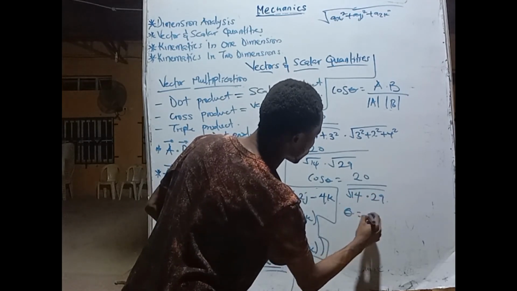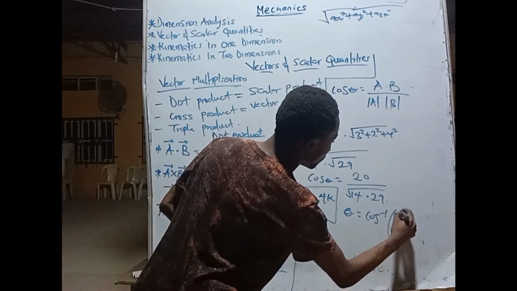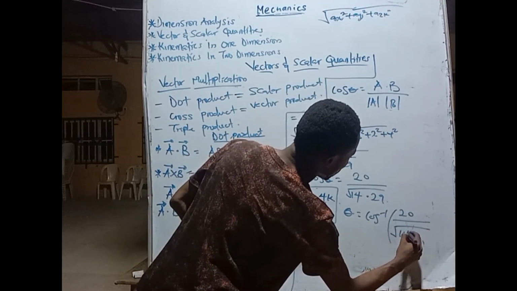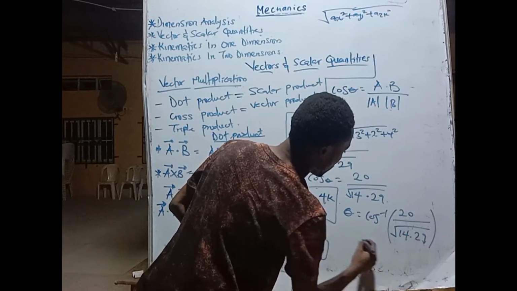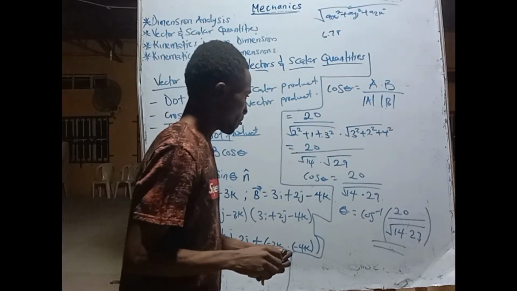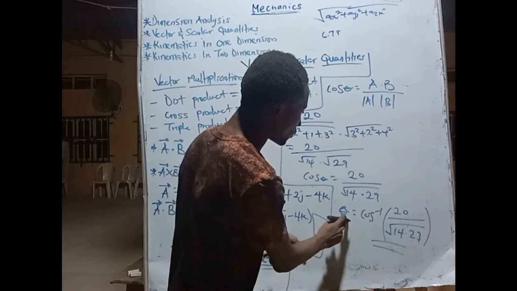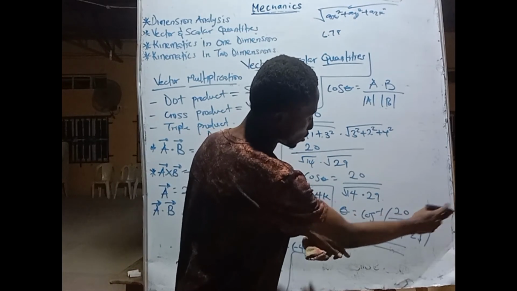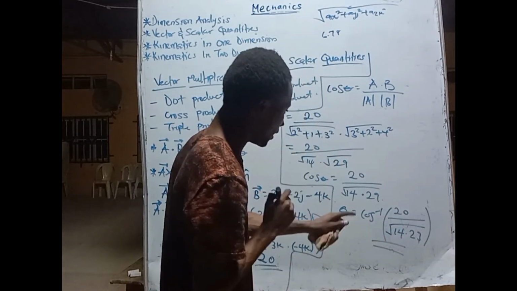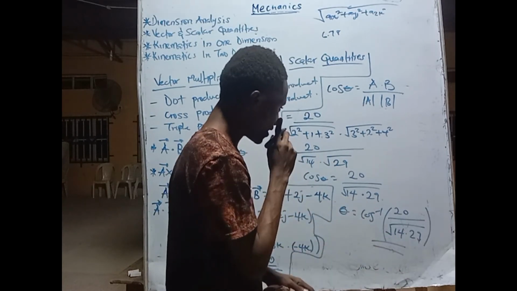Alright, so theta equals cos inverse of 20 over square root of 14 dot 29. However, the dot you are seeing here is not a decimal.